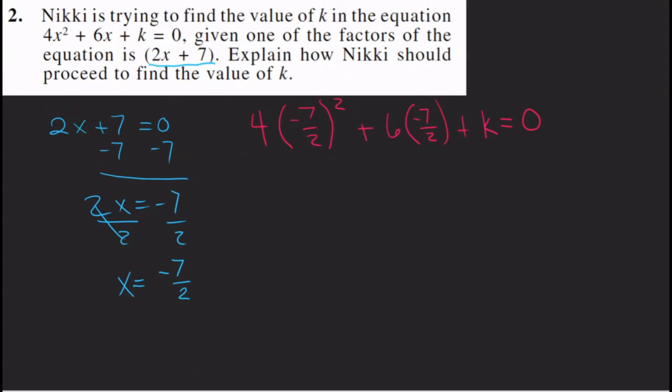So over here, let's evaluate this. 2 squared is going to be 4 on the bottom, and 4 divided by 4 cancels out. So this is actually going to be -7 squared, which is 49. Over here we have 6 divided by 2 is going to be 3. 3 times -7 is -21. 49 minus 21 will be 28.